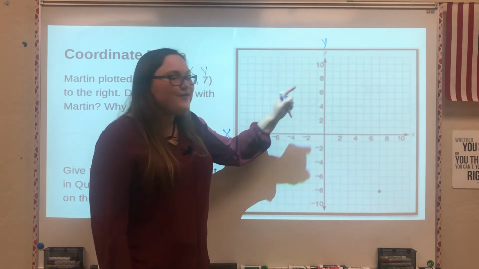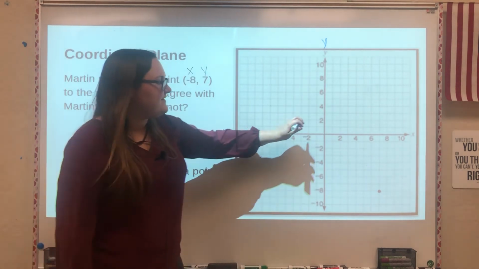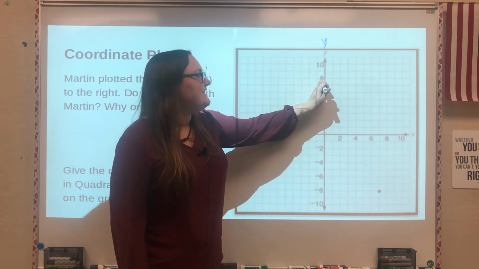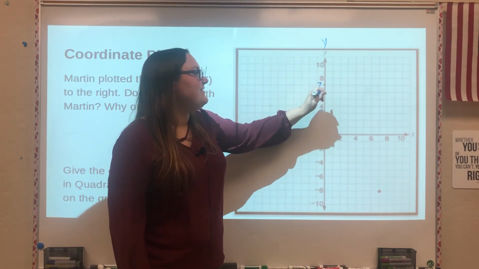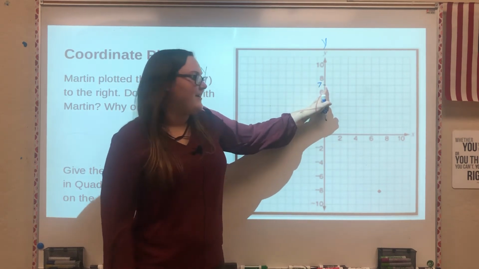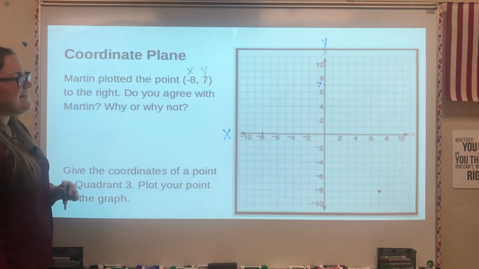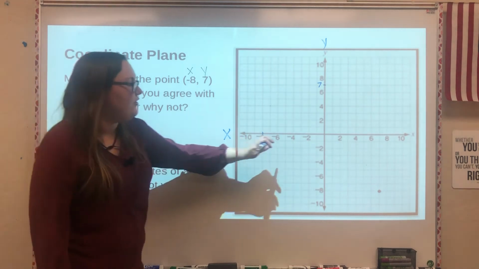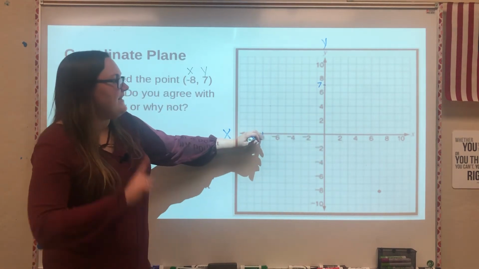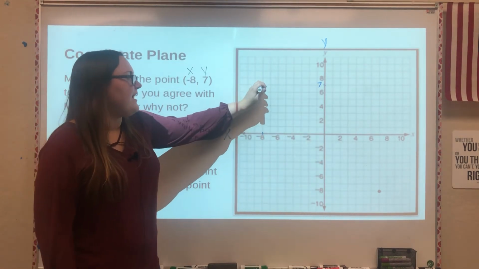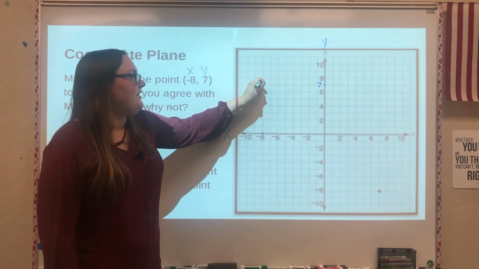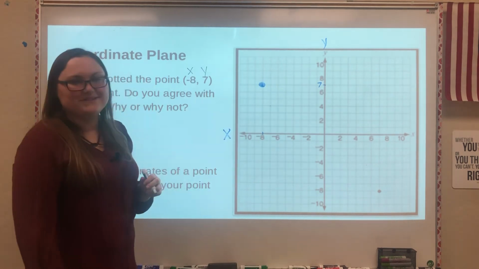Notice it doesn't have all the numbers on your y-axis, but if this is 2, 4, 6, this line right here is our 7. So my point should be up here. Again, I can see it's not in the right spot. Our point, -8, 7, should be over here at -8, and then up 7, which would put it right here. I'll make it nice and big so you can see it.